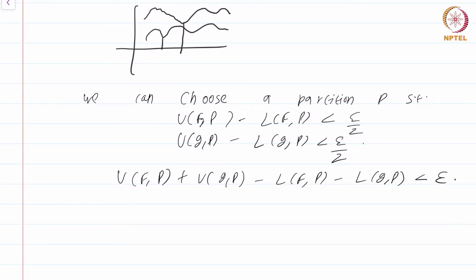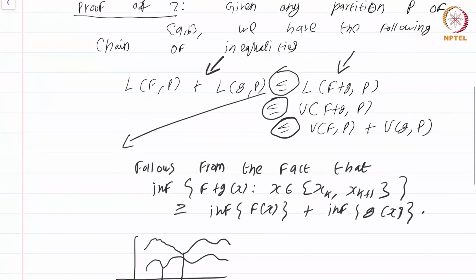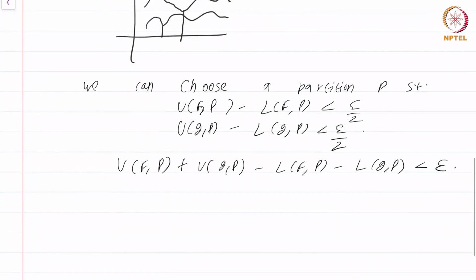Okay, so excellent. What does this give? Let's go back a little bit up. What do we have? We have L(f,P) plus L(g,P) as the left extreme and U(f,P) plus U(g,P) as the right extreme. What this says is that we immediately get U(f+g,P) minus L(f+g,P) is less than epsilon.